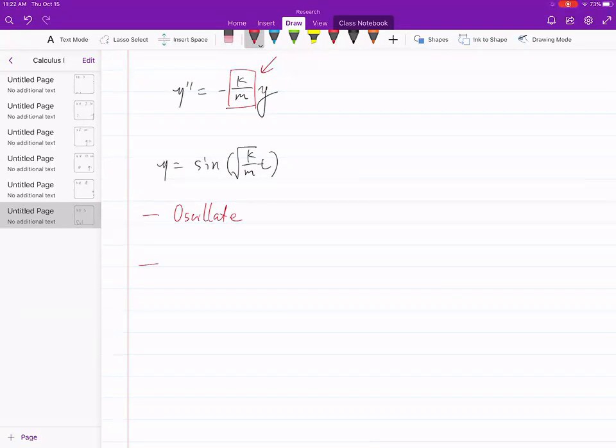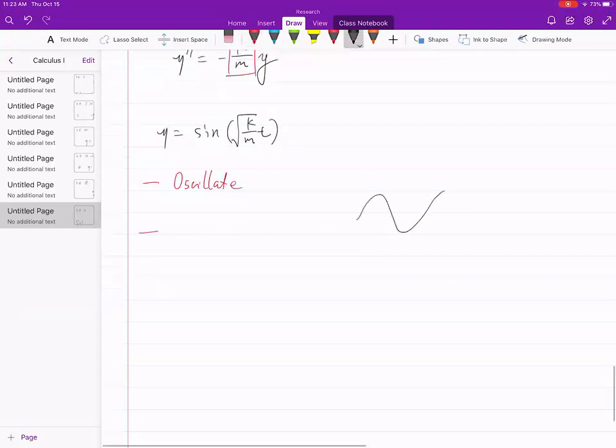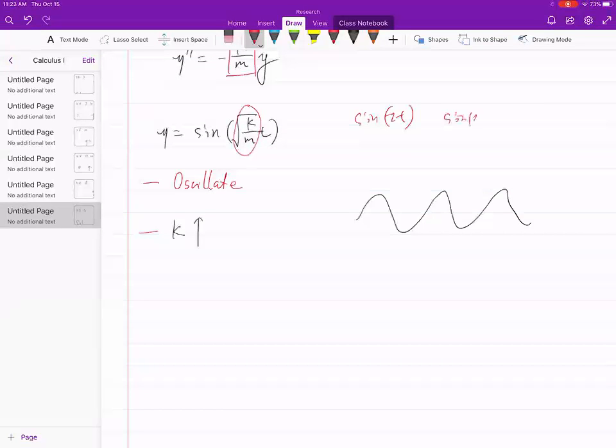Second, what if I take some oscillation of your spring mass system and increase k, which means I replace it with a stronger spring? What's going to happen? Well, this number is going to increase, right? If you keep the mass and increase k, this number increases. What's the difference between sine 2t and suddenly sine 3t?